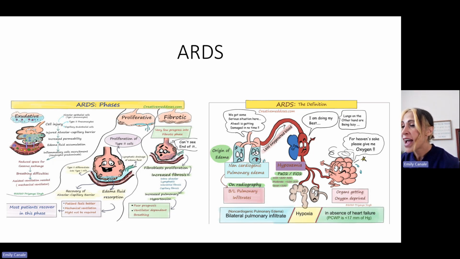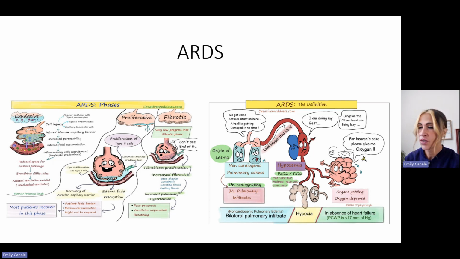Surfactant is responsible for keeping that alveolar surface tension, which keeps the alveoli from fully collapsing at the end of expiration. So if that tension is lost, then the alveoli collapse. That's that atelectasis. That is what you will end up seeing in ARDS.